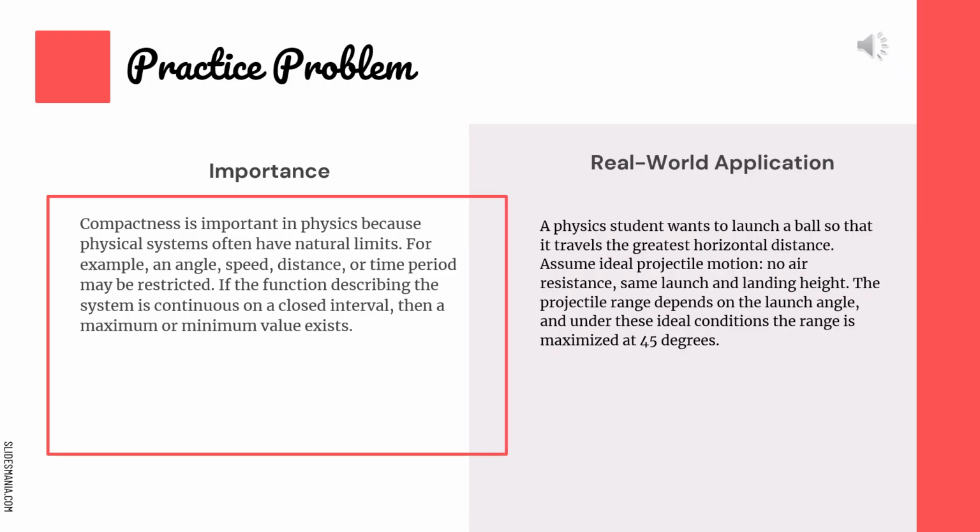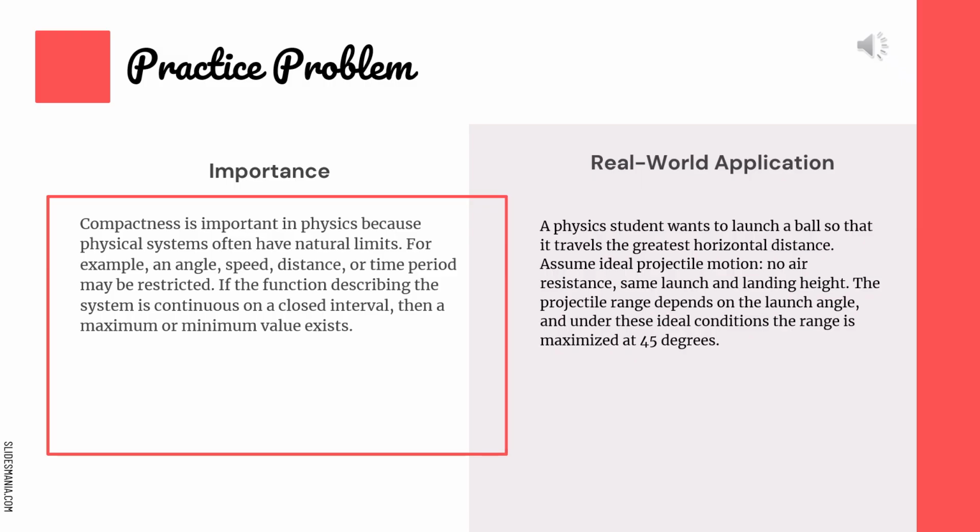So let's have a practice problem. Compactness is important in physics because physical systems often have natural limits. For example, an angle, speed, distance, or time period may be restricted. If the function describing the system is continuous on a closed interval, then a maximum or minimum value exists.